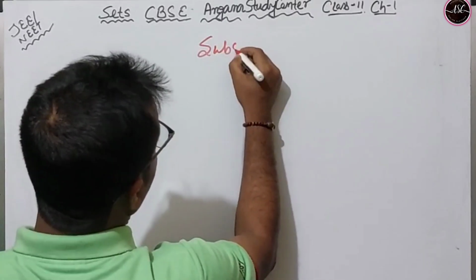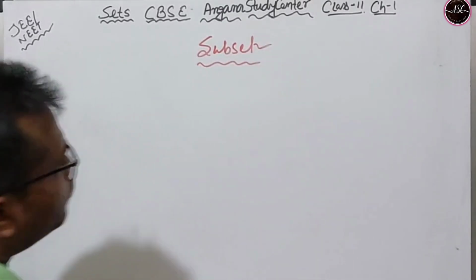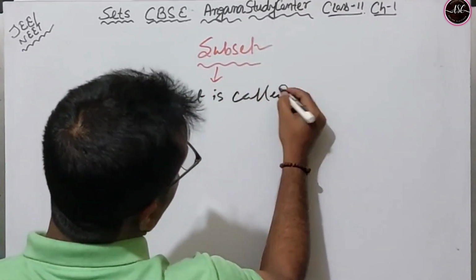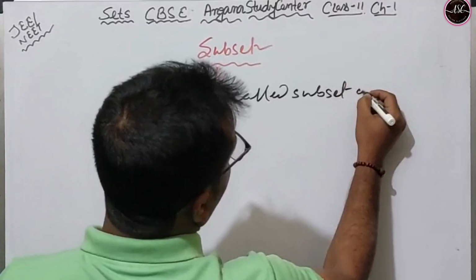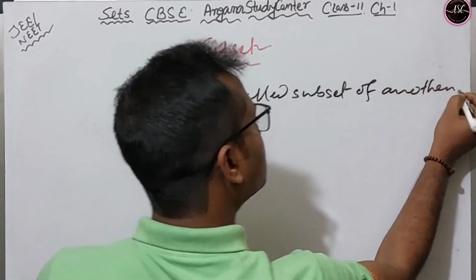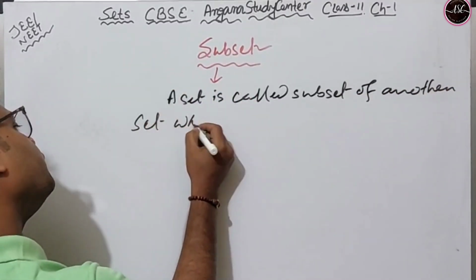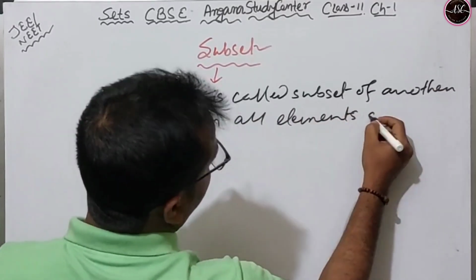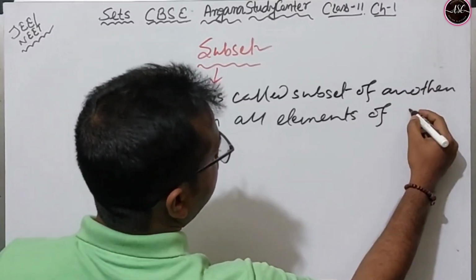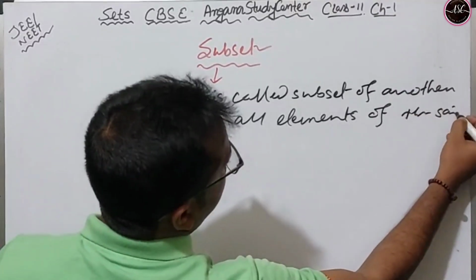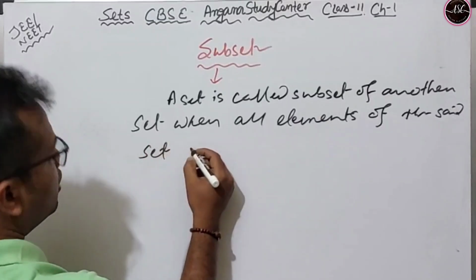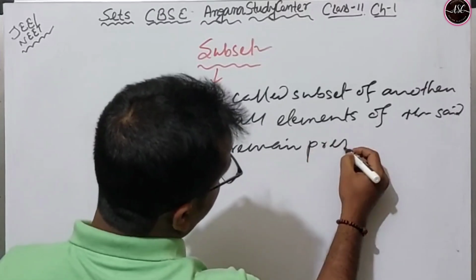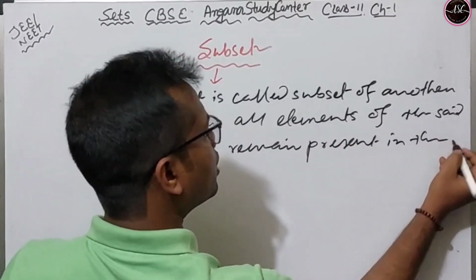First topic is subset. What is a subset? A set is called a subset of another set when all elements of the said set remain present in the other set.